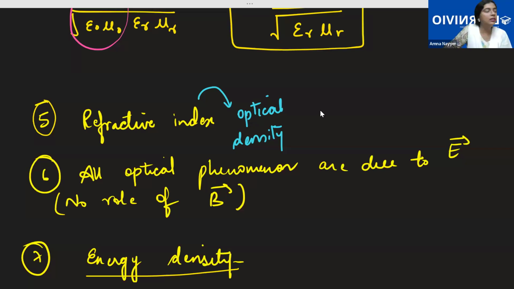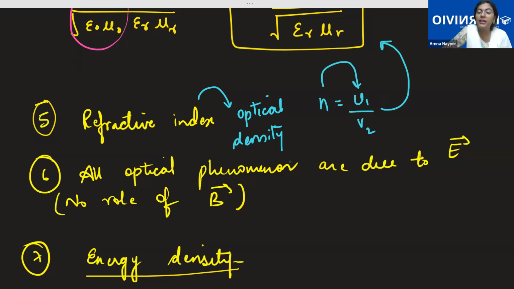So, the refractive index is actually the ratio of the speeds, let's say speed in one medium by speed in the second medium, or wavelength in one medium by wavelength in the second medium. Since refractive index depends on the speed, and for the speed we have already seen the theory, that's why the refractive index also varies with the speed. Now, how does it vary? What is the refractive index? We will do it in the next chapter.